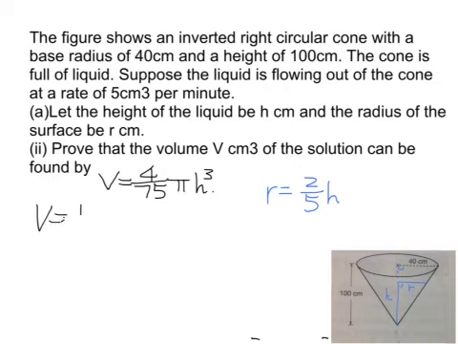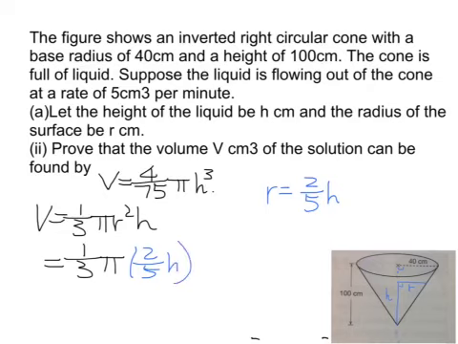V equals to 1 over 3 pi R square H, okay? And that equals to 1 over 3 pi, and we use it in here, and that's 2 over 5 H whole square times H, okay?